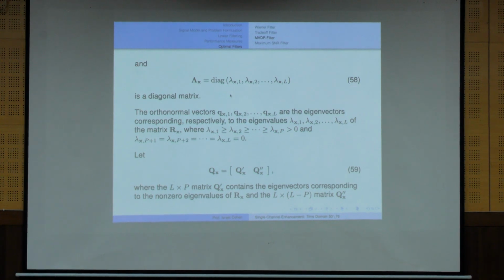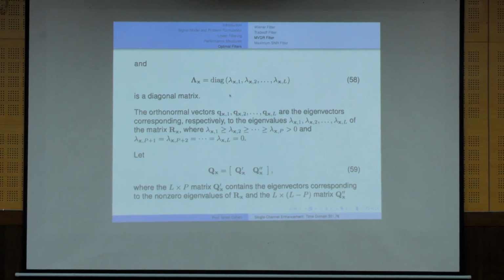Sometimes we call it the null subspace or noise subspace. Null subspace means that there is no signal over there. These terms are equivalent. So this matrix is L by P, and this matrix is L by L minus P.